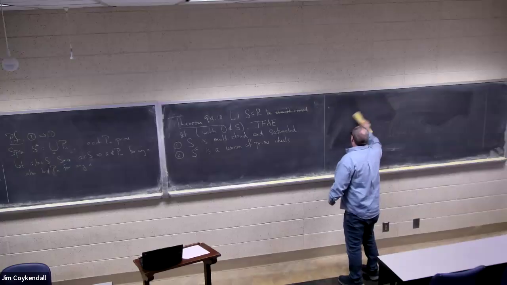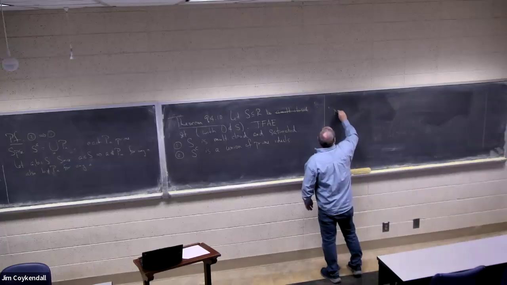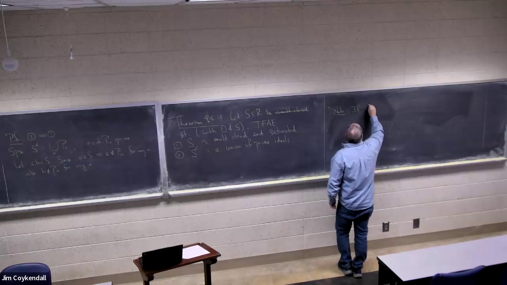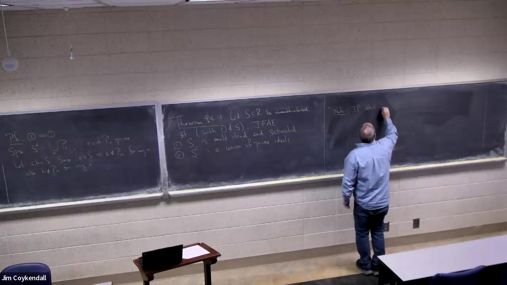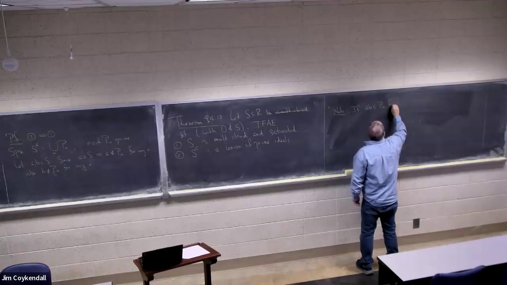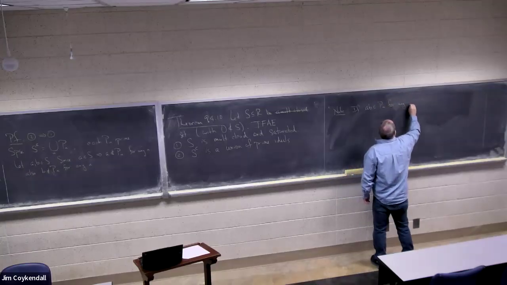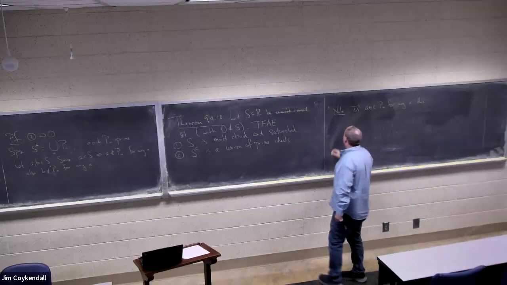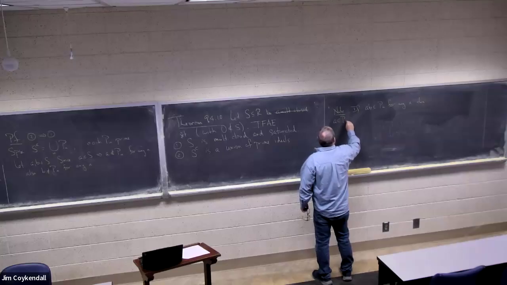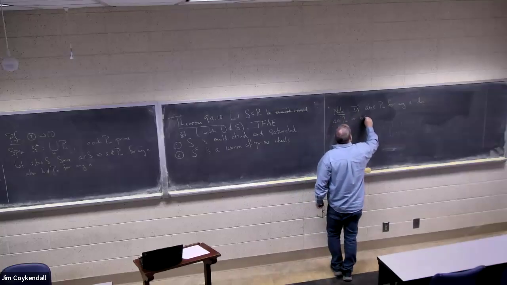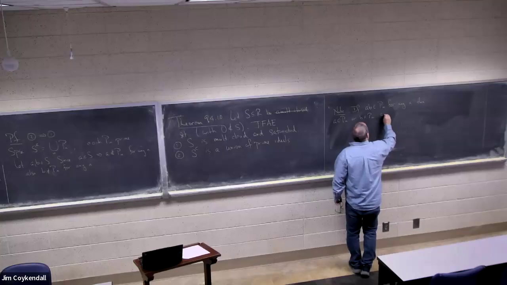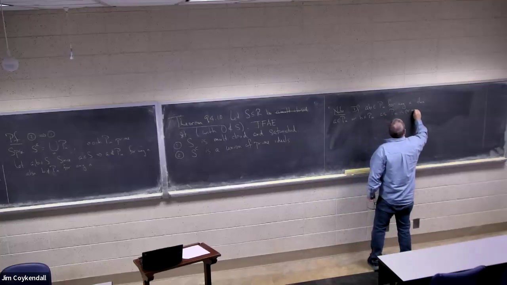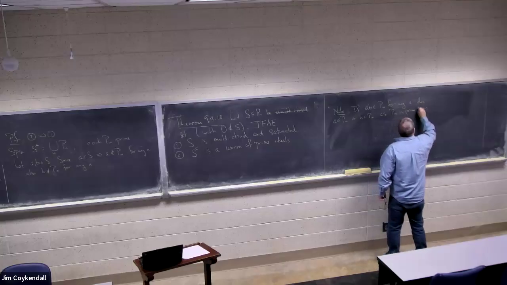So note, if AB is in the P alpha for any alpha, then A is in the P alpha or B is in the P alpha, since the P alpha is prime.